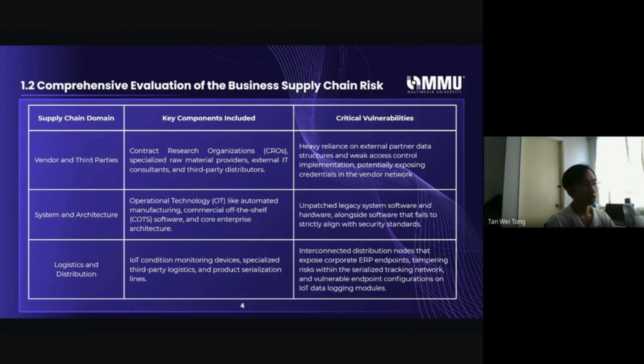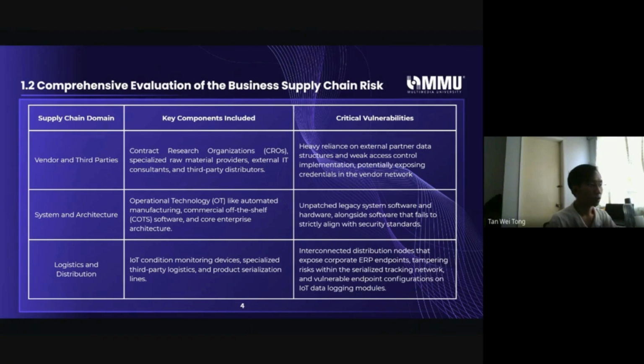Besides that, system and architecture, such as operational technology like automated manufacturing, commercial off-the-shelf software, and core enterprise architecture. Critical vulnerabilities such as unpatched legacy system software and hardware, alongside software that fails to strictly align with the security standards.